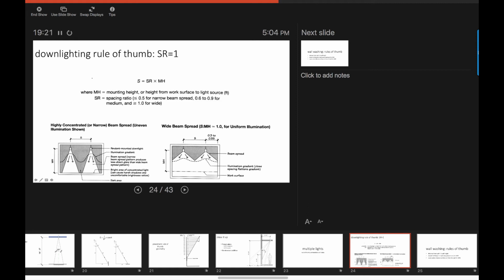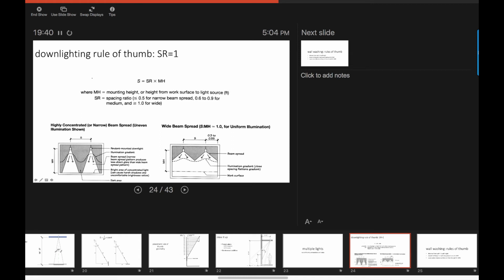So the ideal is to get an even level of lighting either on a work surface or on the floor. The biggest thing is whatever you're trying to light evenly from these recessed cans, that height is the mounting height, MH, and the spacing ratio is how far apart these fixtures should be.